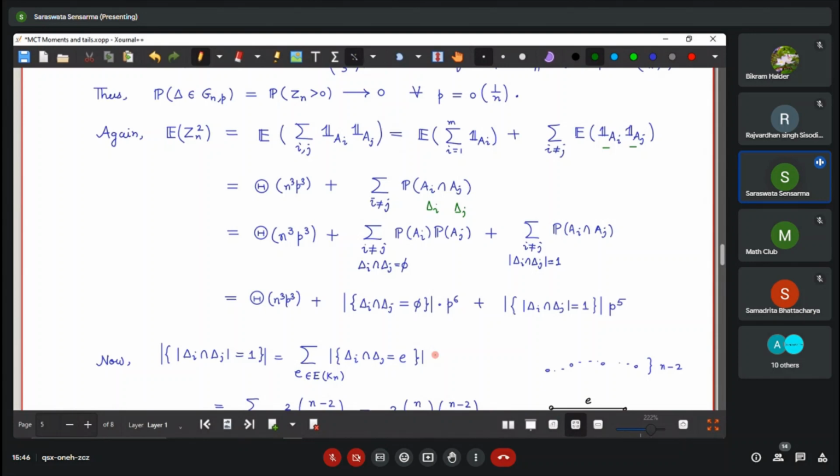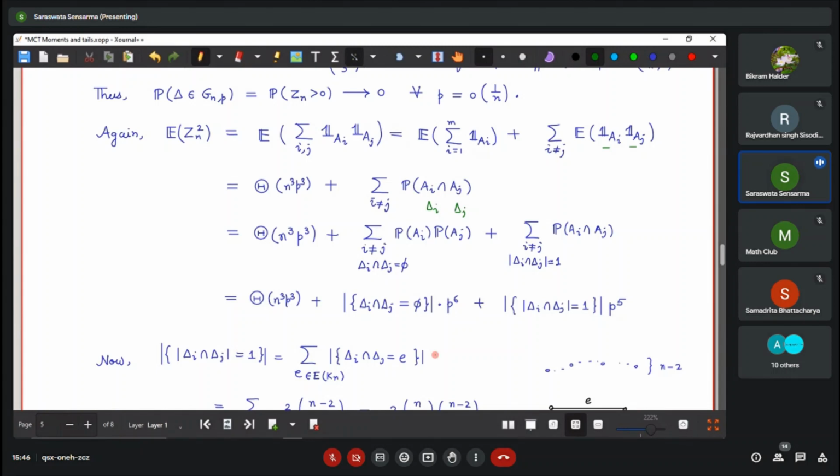So delta i and delta j either do not share any edges or share exactly one edge, because these are different triangles. If they share no edges, then those two events are independent, and then we can split them up like this. If not, then we cannot split them up like this.